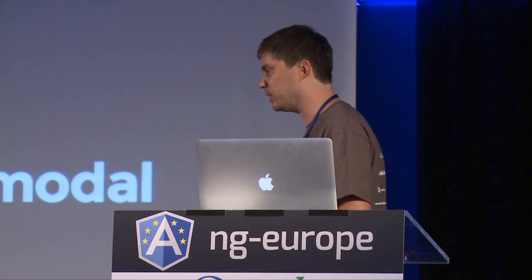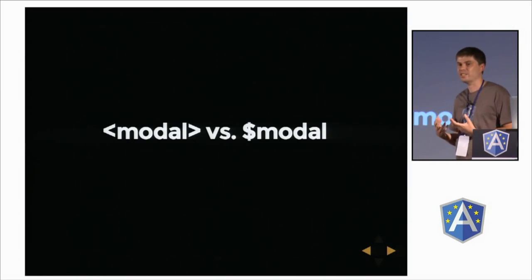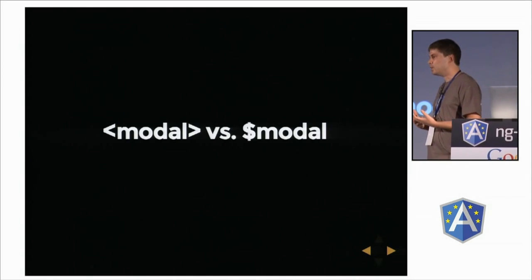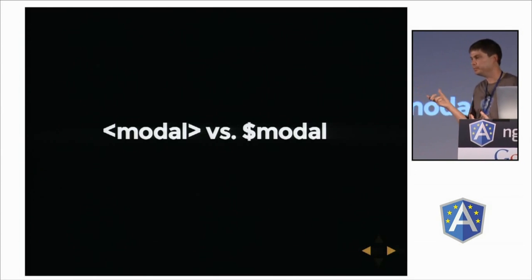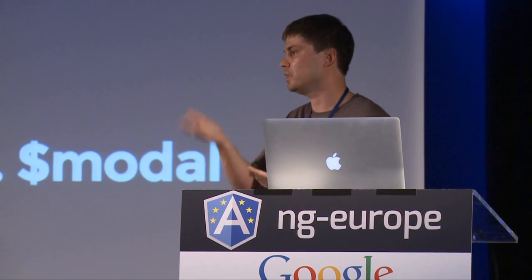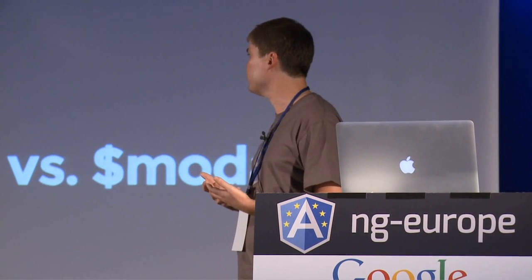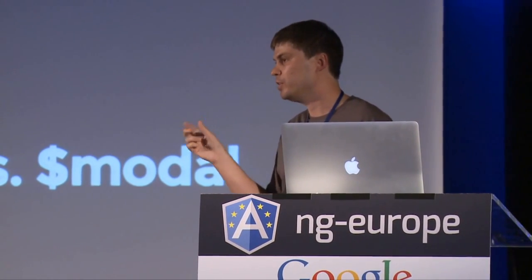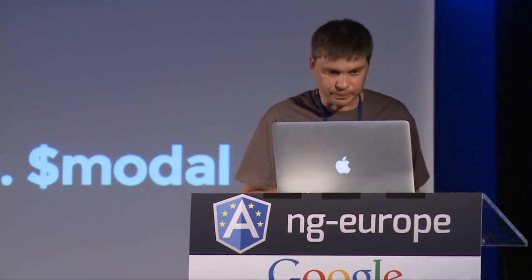I remember when people got their hands on AngularJS and started to write the first directives, and wanted to do a modal, they were writing a modal directive that was listening to some model change, and then the modal was popping up. But with time, it proved not to be the right abstraction, because we had to have this intermediate model value that we would listen to open the modal, and so on and so forth.